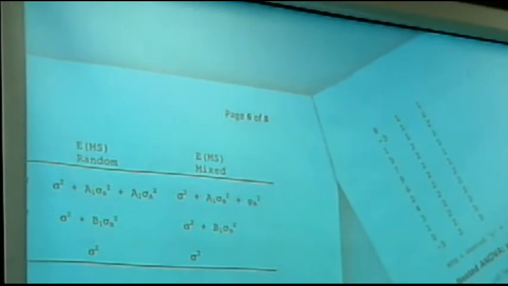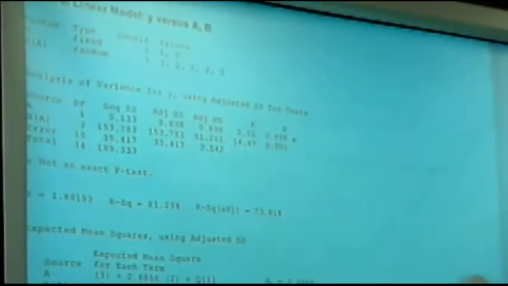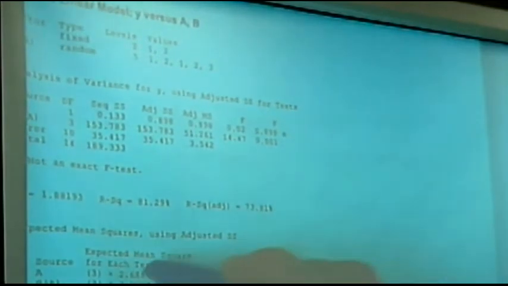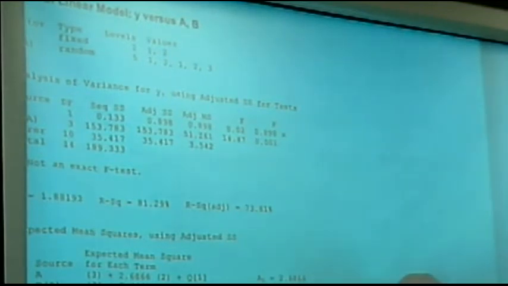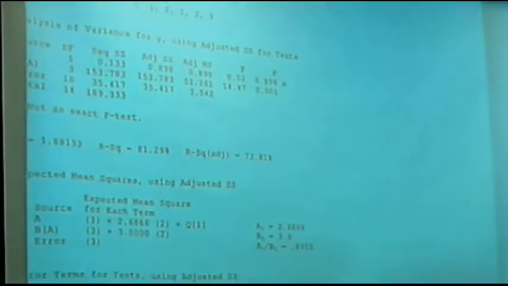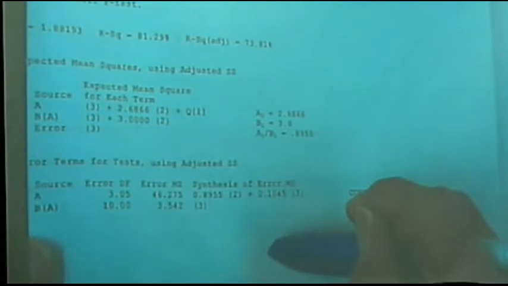So you're seeing A1 and B1 in that Minitab output. So there's A1, there's B1, I've written them over here on the side, and the ratio is 0.8955.